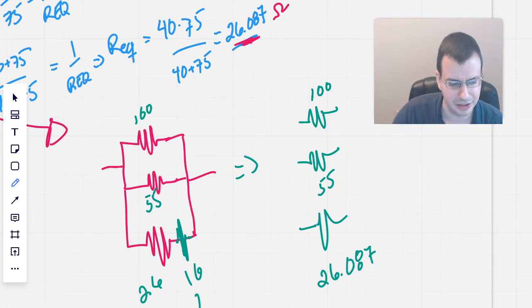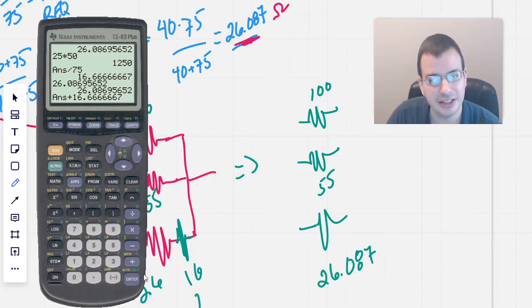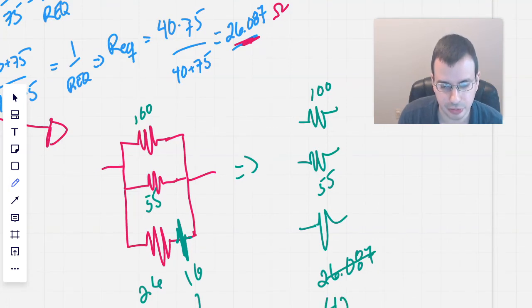No, that doesn't seem right. Doesn't seem right at all. Wow. Plus 16.666667. There we go. 42.754. And like, wow, this is incredibly messy.